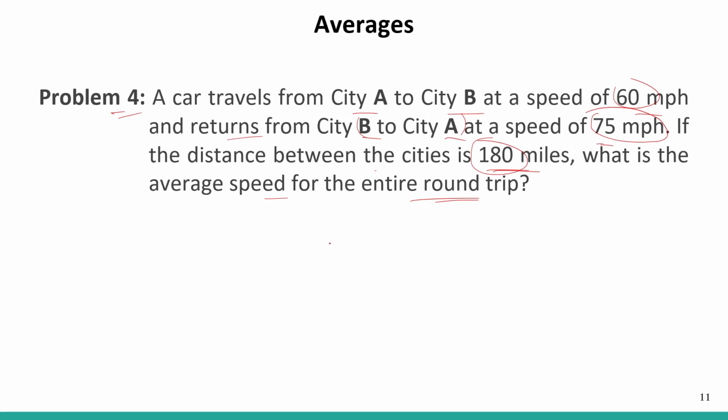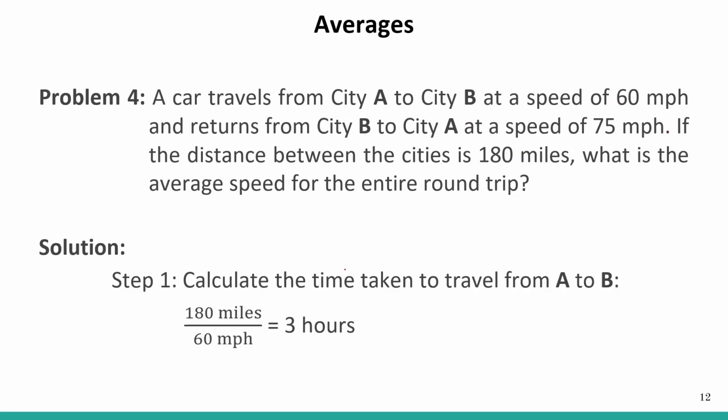So average speed, so let's find out the time taken to travel from A to B. He is going from A to B. The time he takes is equal to what? Distance by speed, that is equal to 180 by 60. Since they are in miles per hour, we can directly divide and get the time in hours. So it takes 3 hours. Okay. So returning at 75, 180 by 75, right?